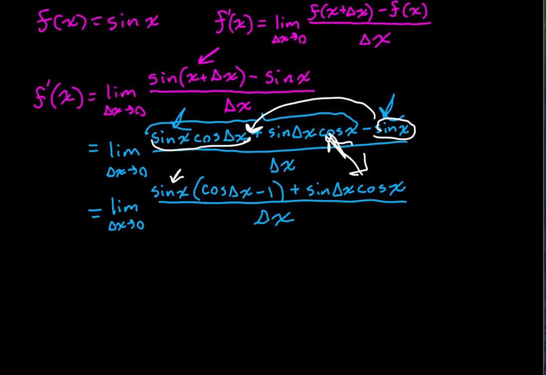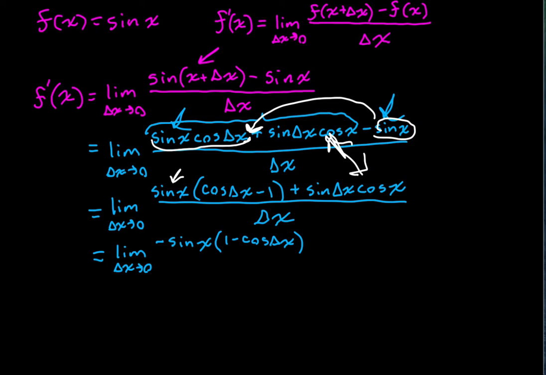And we're going to have to probably erase some things to finish this, but there are more things that we can do. For one, I'm going to separate this out into the limit as delta x goes to 0 of negative sine of x times 1 minus cosine delta x.